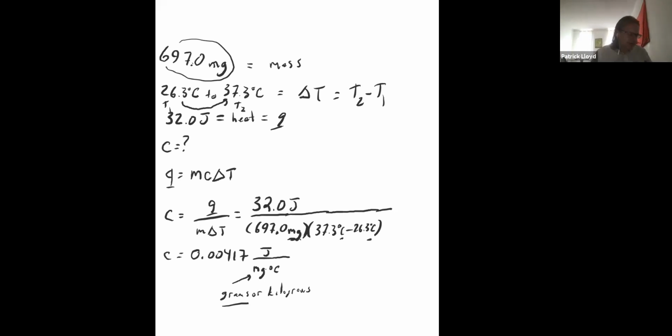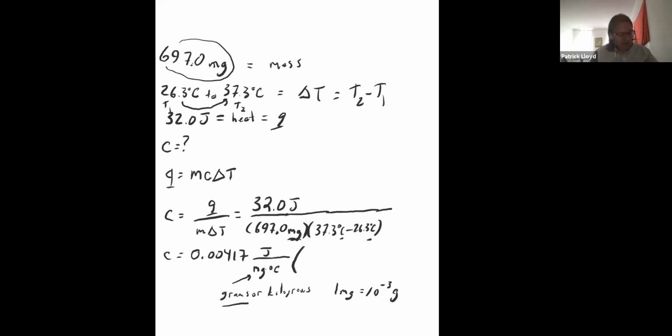So how do we do that conversion? I wanted to put this off until this step because you could have done it at the beginning, which is fine, but I want to show you that you can actually do it now. A milligram is 10 to the minus 3 grams. We want to get rid of the milligram and replace it with grams.